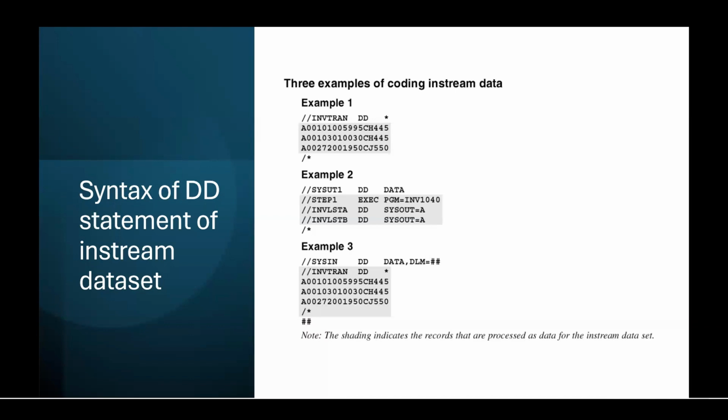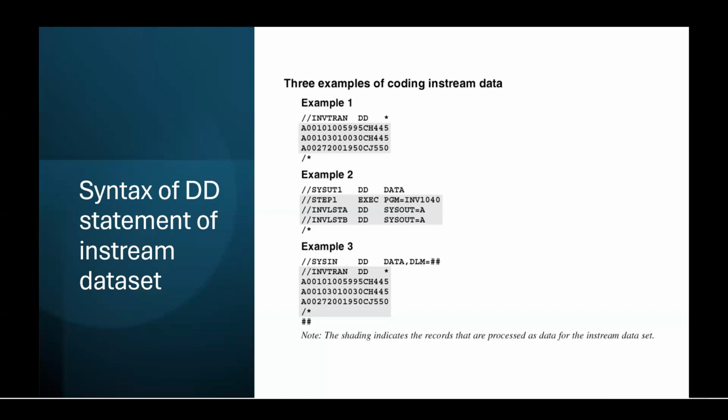So example two shows how the DD DATA statement works. Here in the example, you can see we are marking a delimiter, and we are providing the JCL statements within the in-stream data. The next one is example three, where we have DATA and also the DLM parameter.